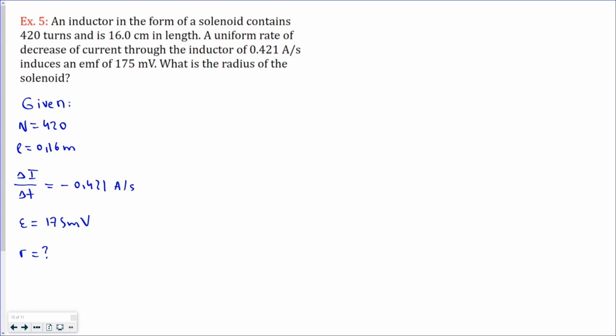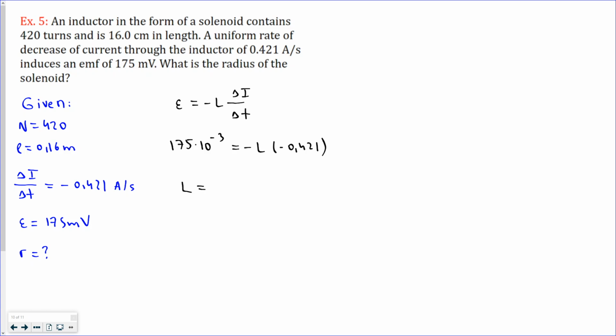Okay, now let's start from Faraday's law. The induced EMF is L times delta I over delta T. The induced EMF is 175 times 10 to the minus 3, and we don't know the inductance, but we know the rate of change of current is minus 0.421.